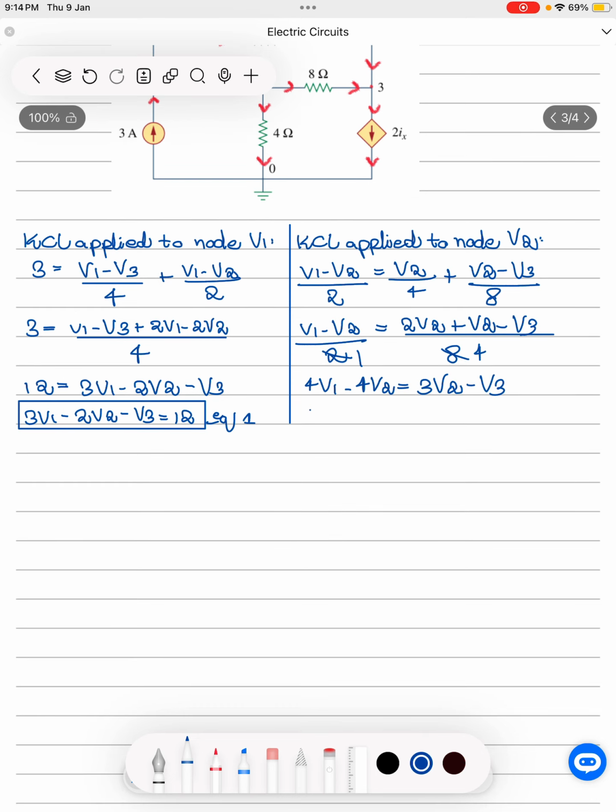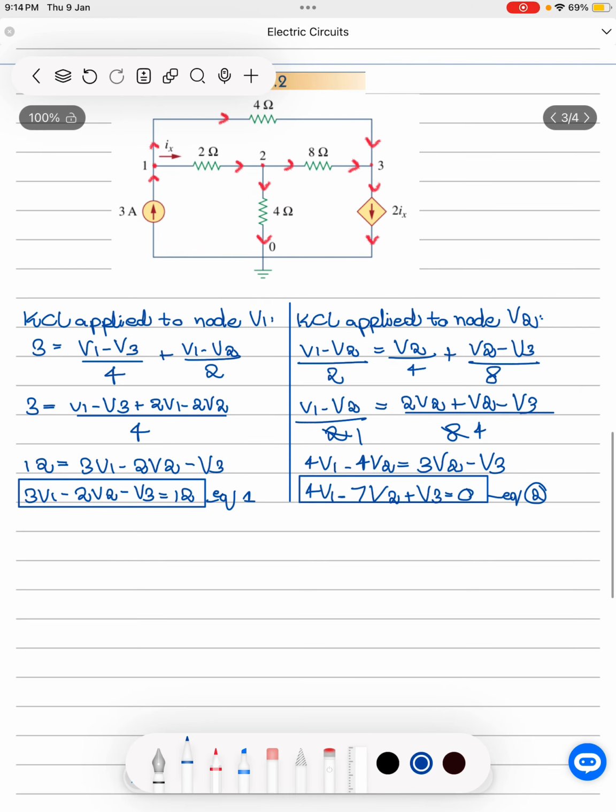Alright, the final result would be 4V1 minus 7V2 plus V3 equals 0. I hope I haven't made any mistake in the basic arithmetic. Okay, this is equation number 2.